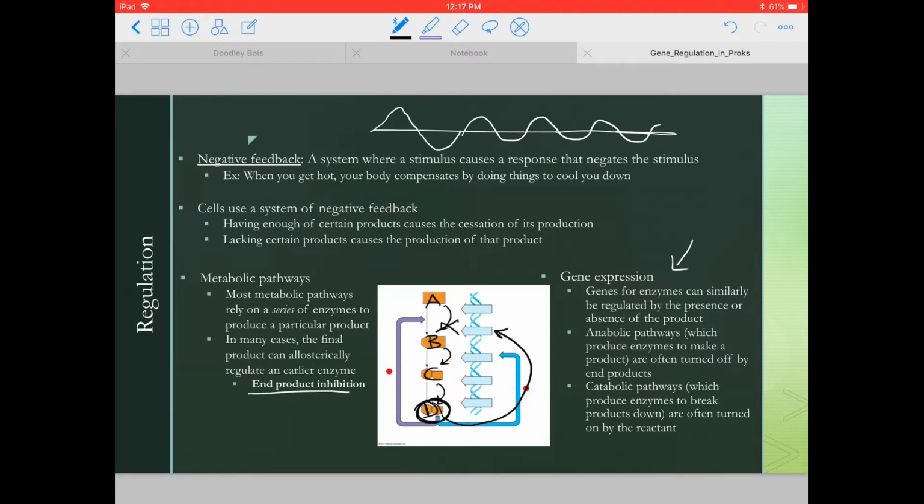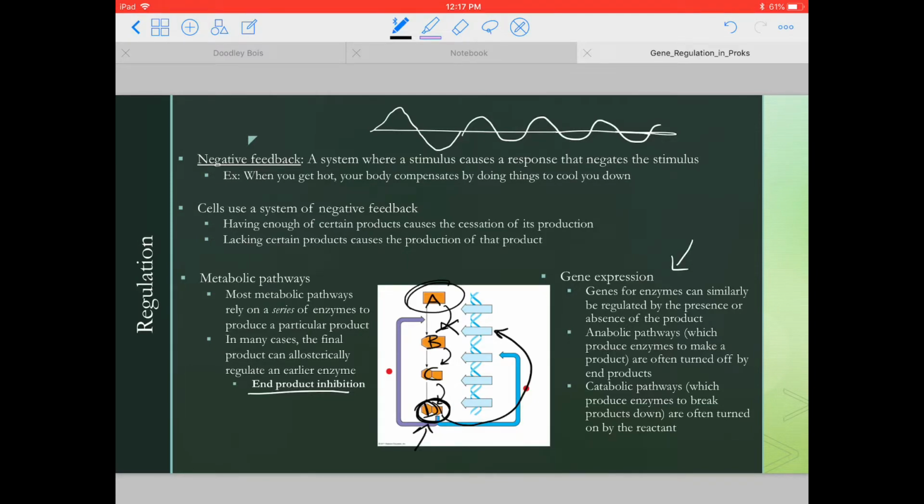If there's no more enzyme here, then A isn't converted to B, and therefore D isn't made, and you save your resources early on, like, for example, your reactant A, and you don't make too much of whatever is at the end. I hope that made sense.